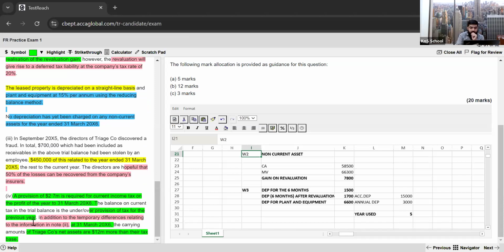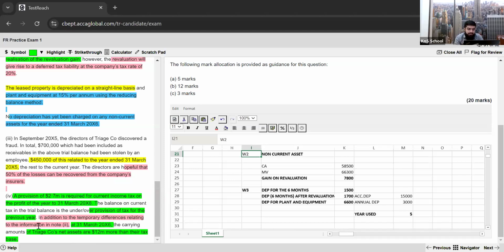If it is written here that in addition to the temporary differences relating to the information in note 2, the carrying amount, listen to me very carefully, the carrying amount of Triage company's net assets are 12 million more than their tax base for the year, it means that it is the taxable temporary difference for the year. It's not a closing balance then.